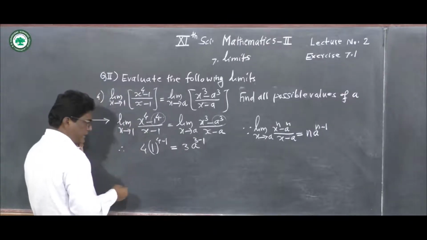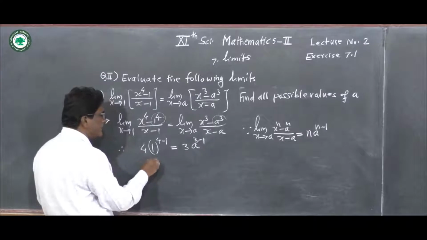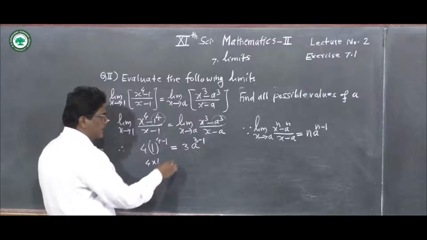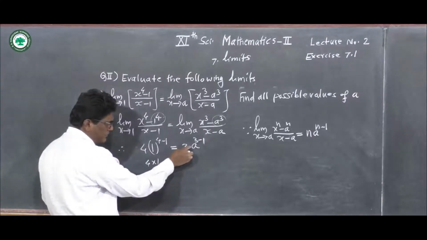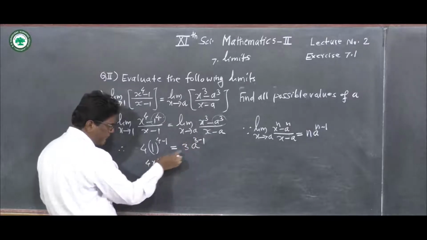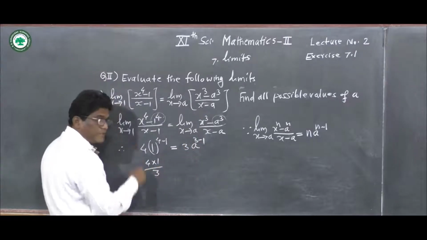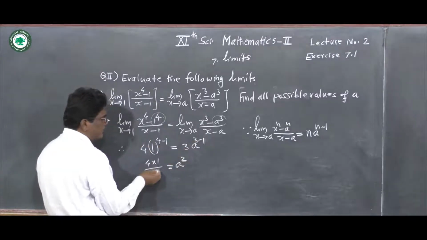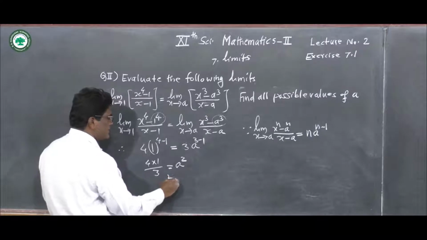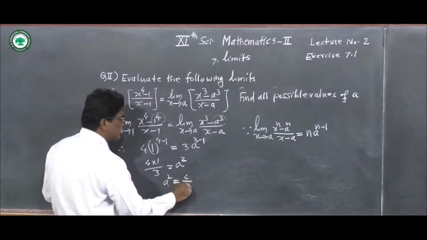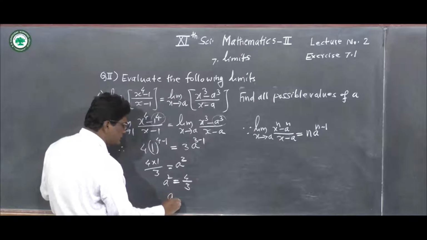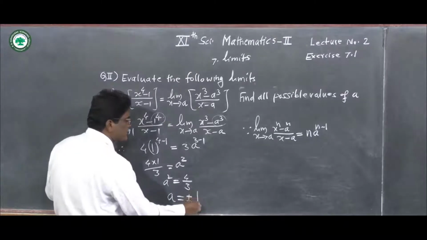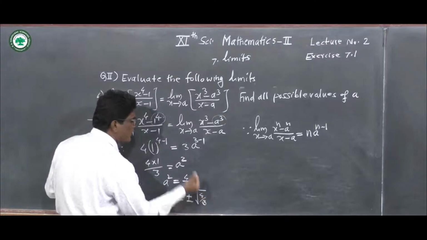Okay. So we get 4 into 1 to the power 4 minus 1, that is 1 to the power 3, and 1 to the power 3 is 1. Now this is equal to 3 into a to the power 3 minus 1, that is 2. Carry this 3 to the denominator. Now 4 upon 3 is a square. So a is equal to plus or minus under root of 4 upon 3.